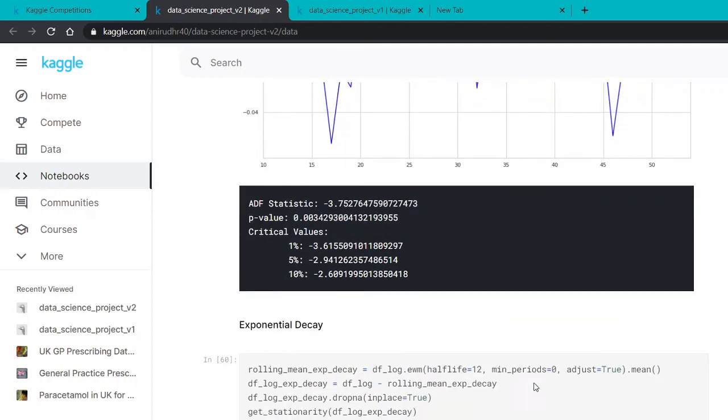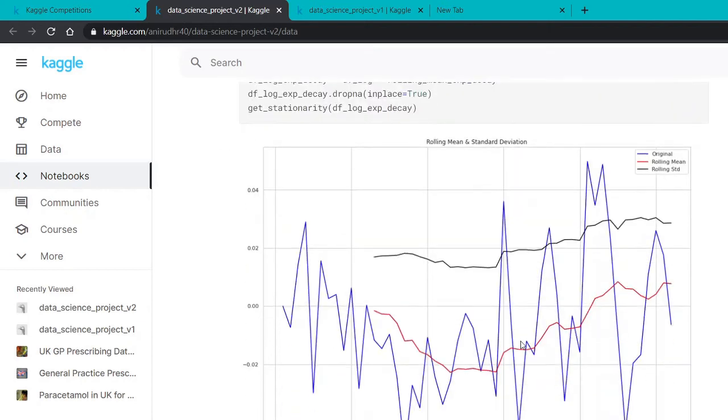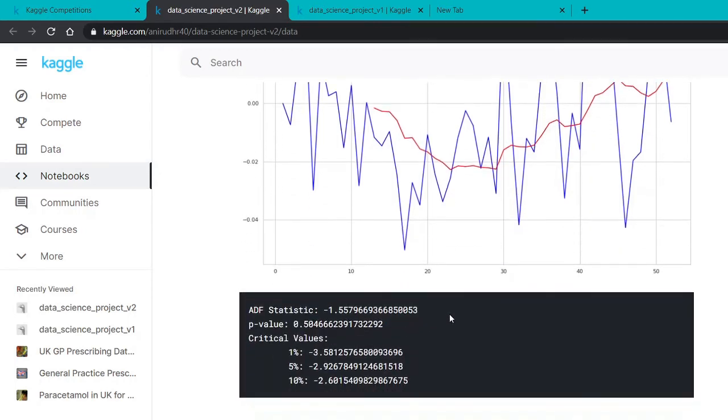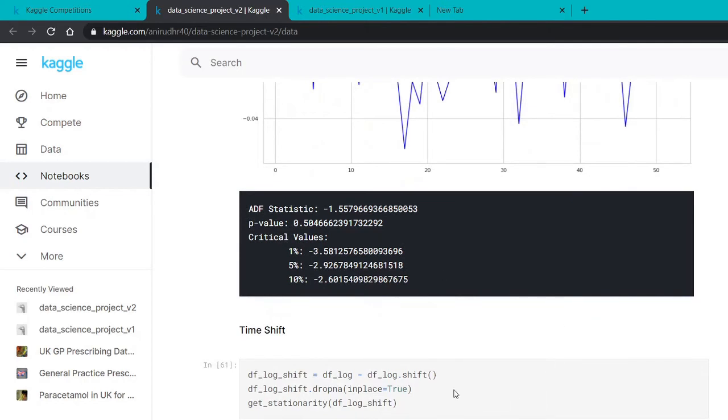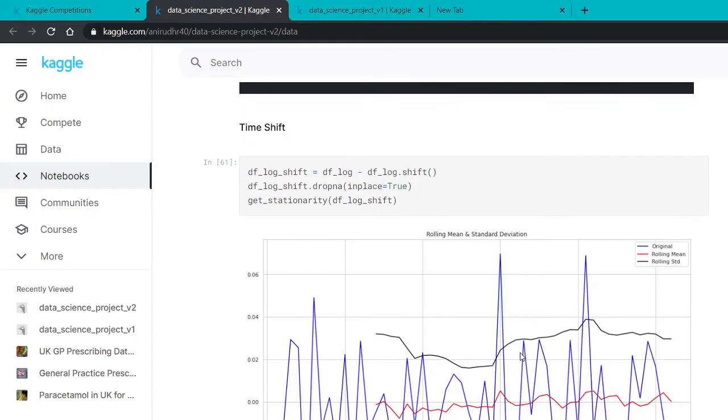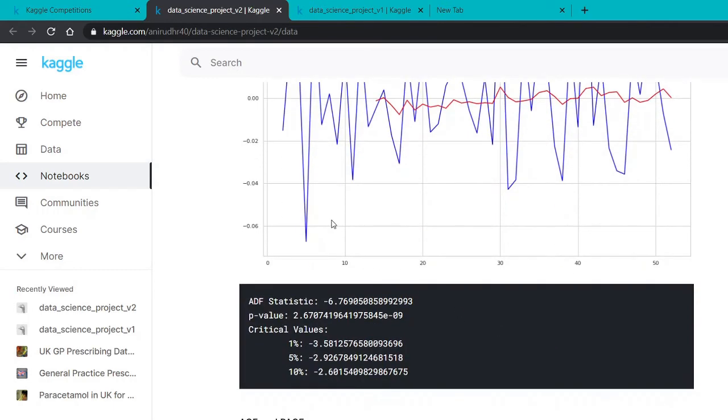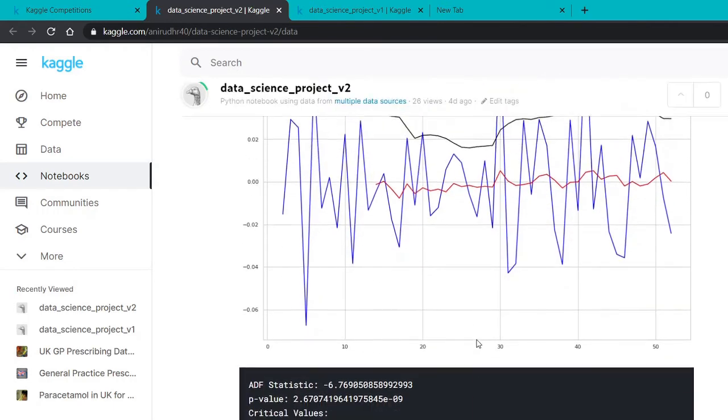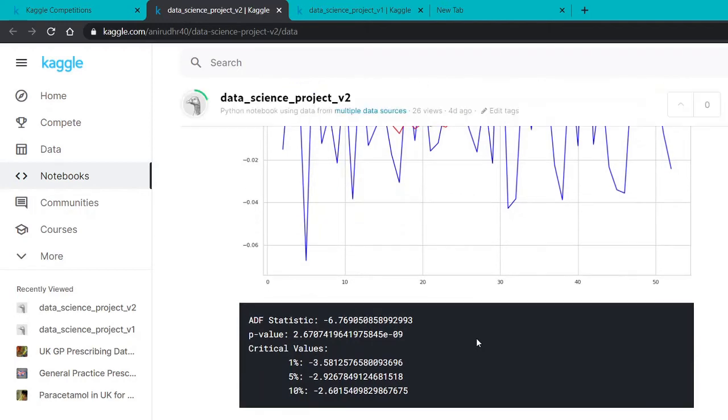Then we try exponential decay. After doing exponential decay, the rolling mean and rolling standard deviation again say that it's not stationary at all. Then doing a time shift on the time series also doesn't help us. As you can see, the p-values are nowhere close to the confidence intervals.